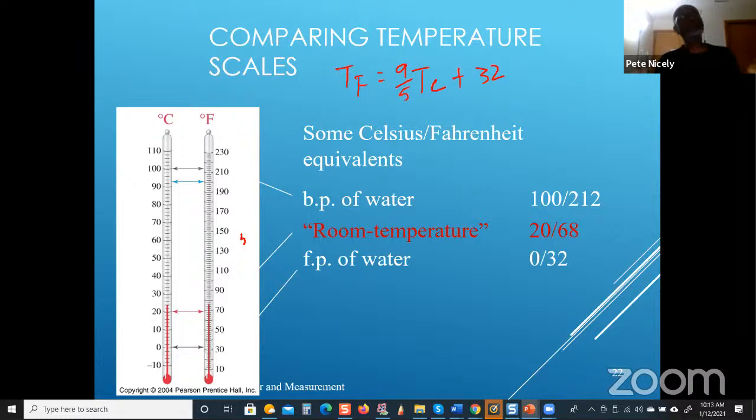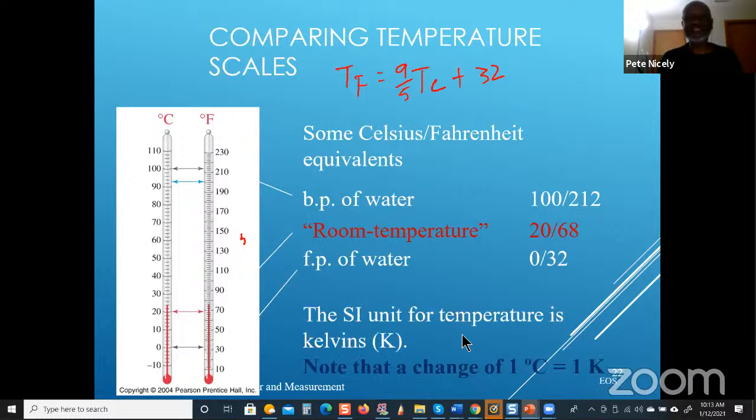There's the third temperature scale, which is known as the Kelvin scale. The equation for the relationship between the Kelvin and the Celsius value: the temperature in Kelvin is equal to the temperature in Celsius plus 273.